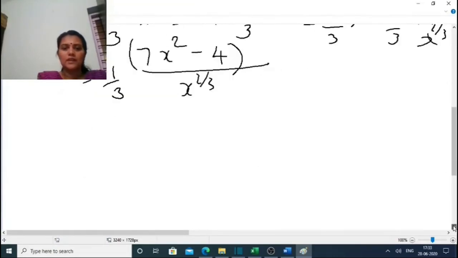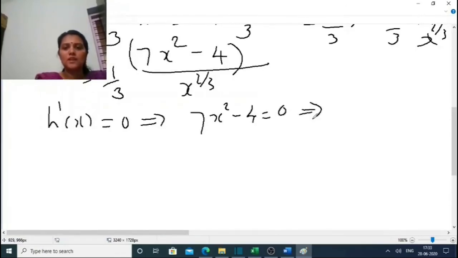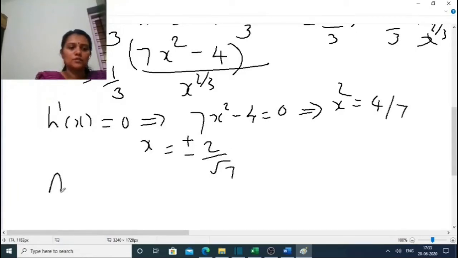So h dash x equal to 0 implies 7x square minus 4 equal to 0, which implies x square equal to 4 by 7, or x equal to plus or minus 2 by root 7. Also h dash is not defined for x equal to 0.